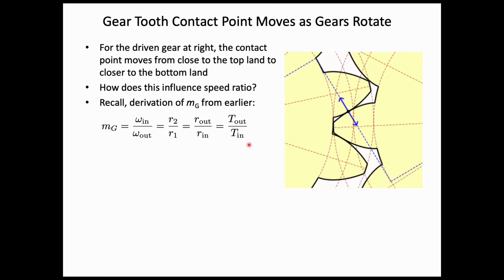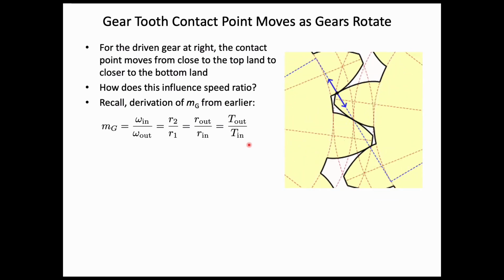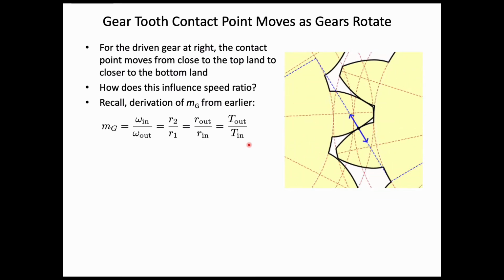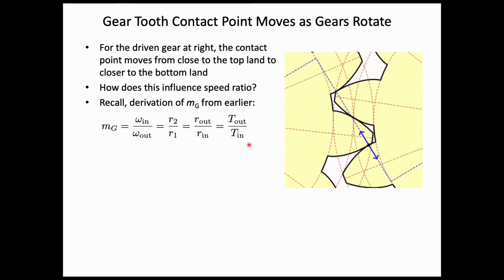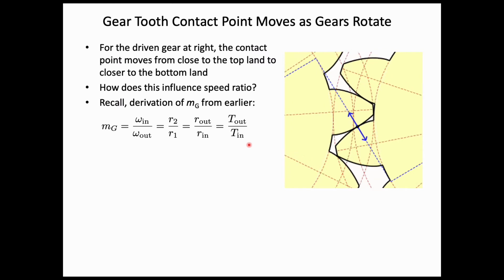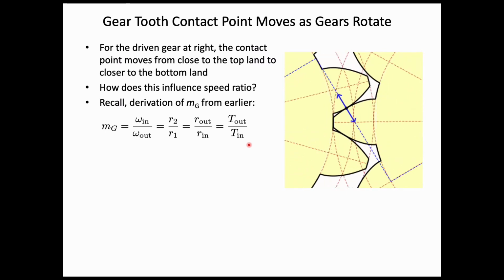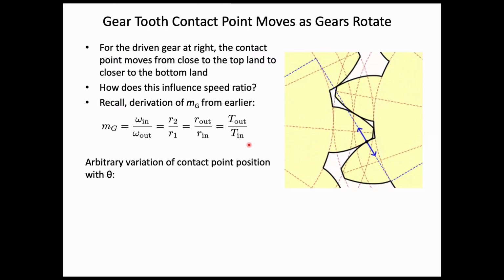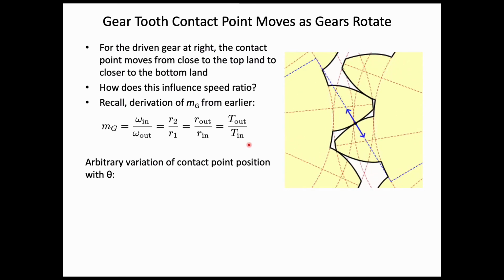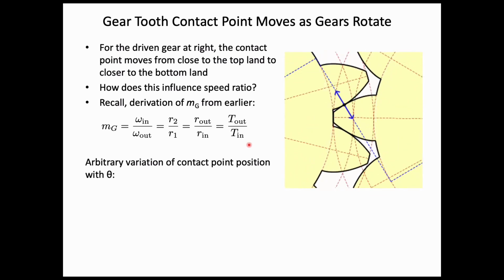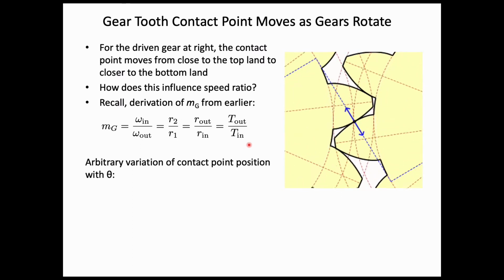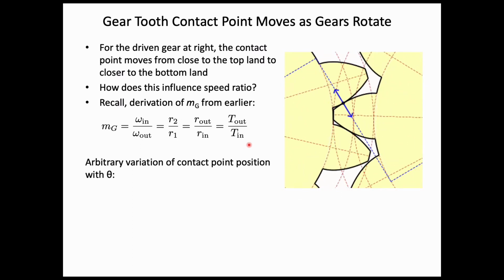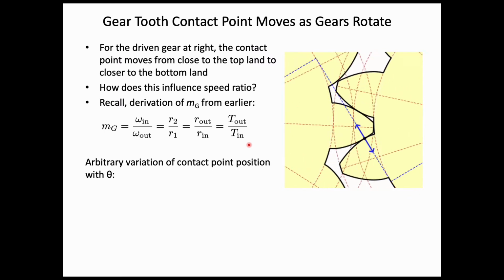So if we dig into the force analysis more deeply with this set of meshed gears, then we can start to understand how this moving point of contact is going to influence the speed ratio. If we have just arbitrary variation of the contact point with respect to angular position, then there's really no guarantee we're going to have conjugate action.